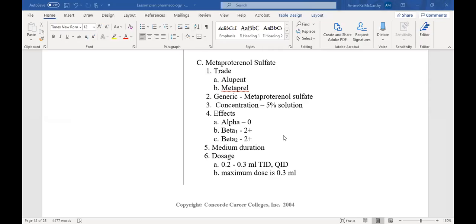And you should be able to tell me that. Right, so matter of fact, work that out for me right quick. The maximum dose for metoprolol sulfate is 0.3 mLs. So 0.3 mLs of a 5% solution will be how many milligrams? If I ask you, what is the maximum dose of metoprolol sulfate in milligrams?